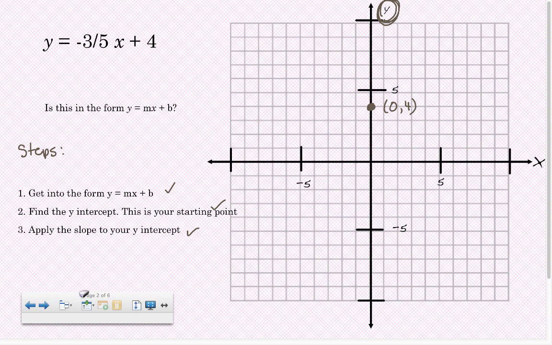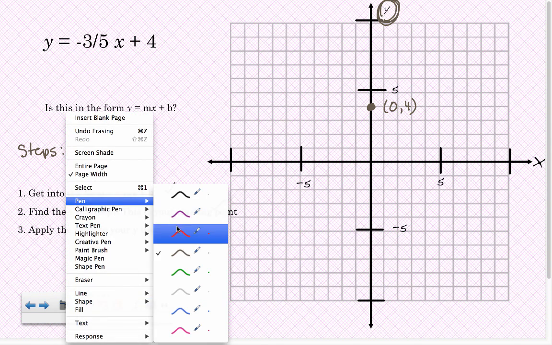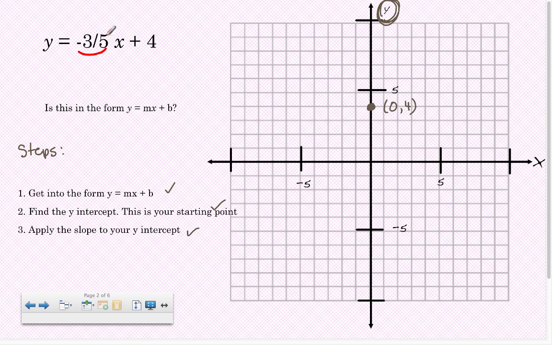And my slope is negative 3/5. And remember, slope is the change in y over the change in x. So it's telling me to change my y position by negative 3 and to change my x position by positive 5.